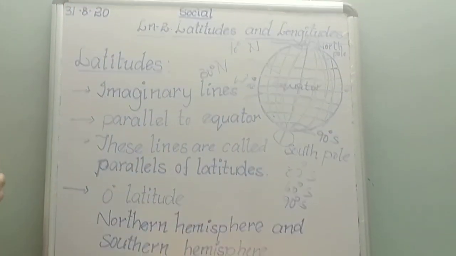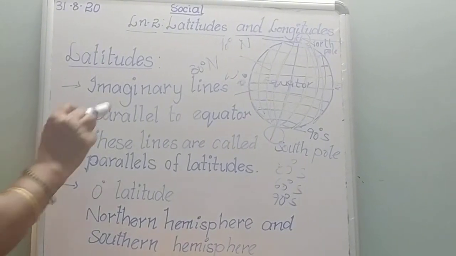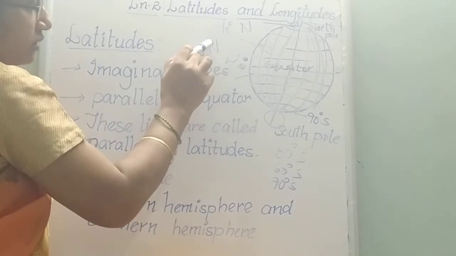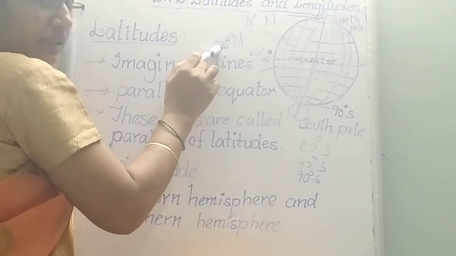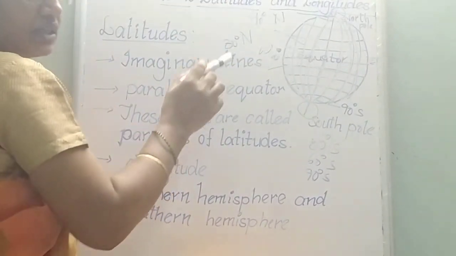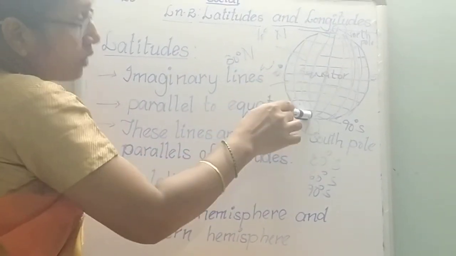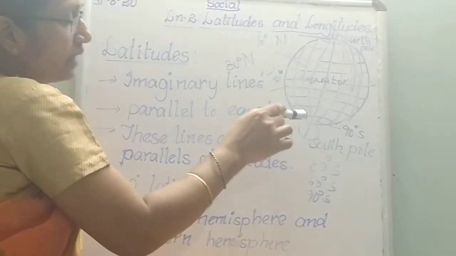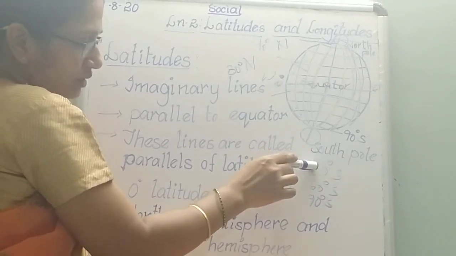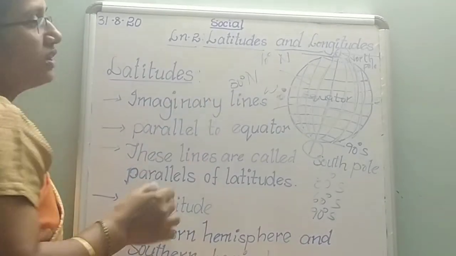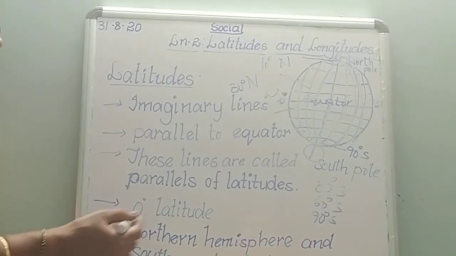Okay children. So parallels to the north of the equator are indicated with degrees north, either 30, 60, 90, or 45 degrees. Parallels to the south are indicated with 30 degrees south, 60 degrees south, 90 degrees south, or 45 degrees south, etc.